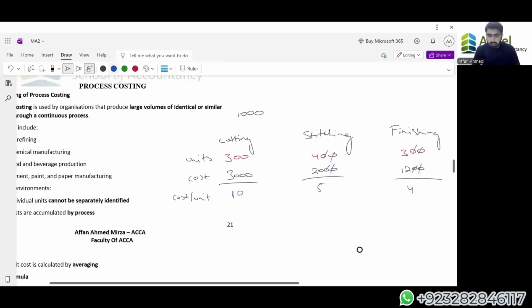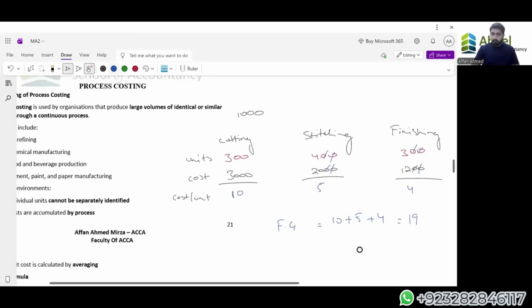At the end of the day, when the process is completed and one good comes out of the finishing department, the finished good will have a total cost of 10 plus 5 plus 4, which equals 19. That tells us the complete cost incurred in the procedure is 19 rupees, and we will be valuing our inventory based on this amount. This amount represents the value of inventory.